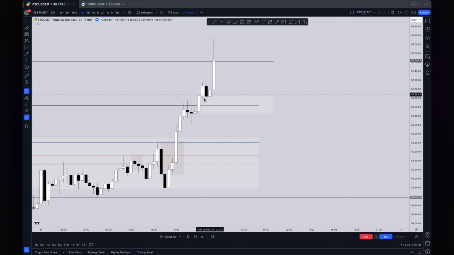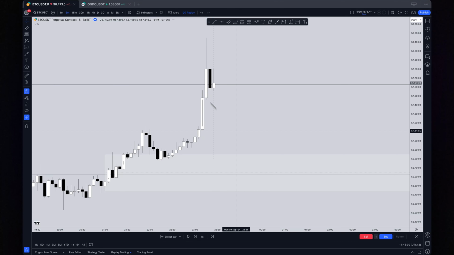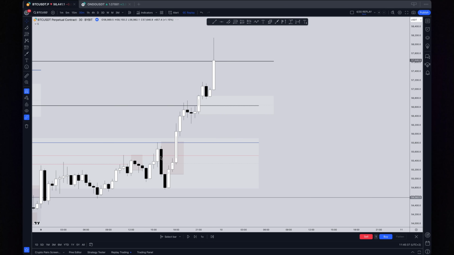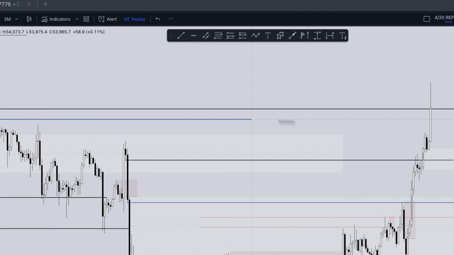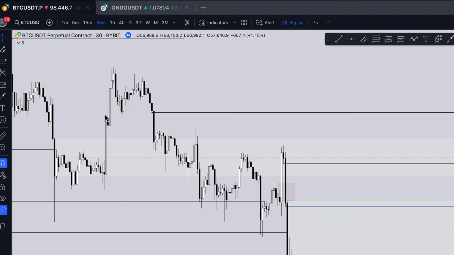Okay, we didn't get an entry there because nothing was really swept. But at least our directional bias is correct. We said we were going to go higher, which we did. Why is that all the way over there?